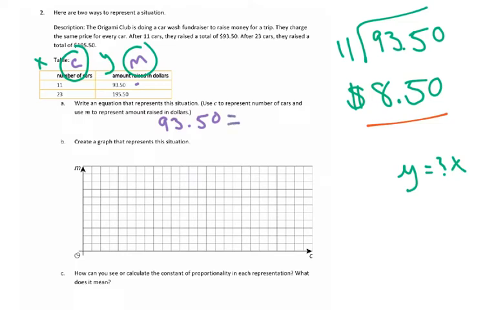Now, when I was trying to figure this problem out, I wanted to multiply the number of cars times C. But then I realized that didn't make any sense because the number of cars is C. That's given to us right here in all this information. So that wouldn't work for me. What I really have to do is multiply the cost, which we determined to be $8.50, times my C value.